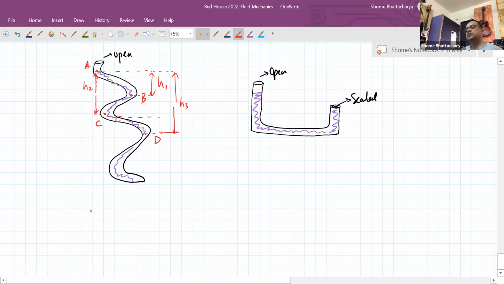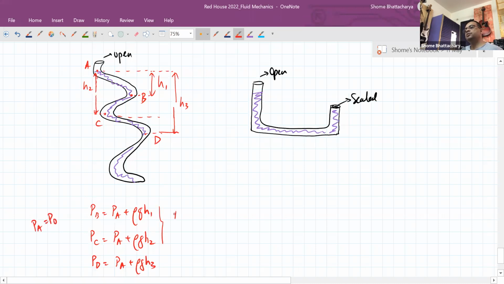And we can see that pressure at B will be equal to pressure at A plus rho g H1. Pressure at C will be equal to pressure at A plus rho g H2. Pressure at D will be equal to PA plus rho g H3, where pressure at A will be equal to atmospheric pressure.